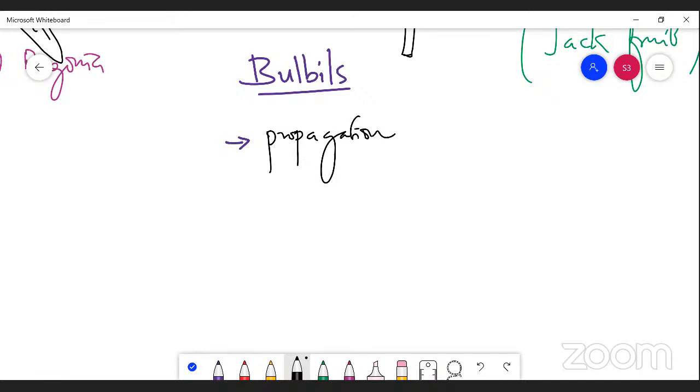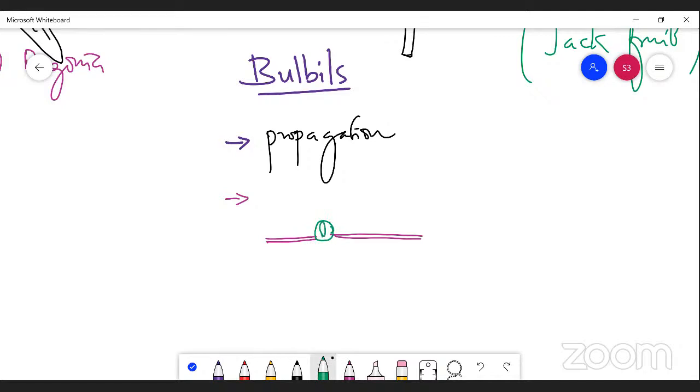Propagation is a process by which an organism produces its next generation. That is called the bulbils. Actually, bulbils are nothing but a globe structure. Now this is a plant body in which the stem portion has a globe extension.